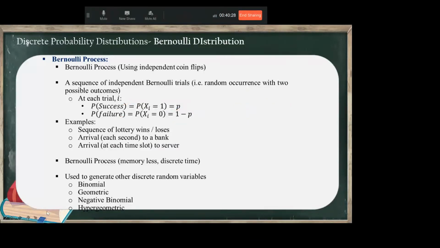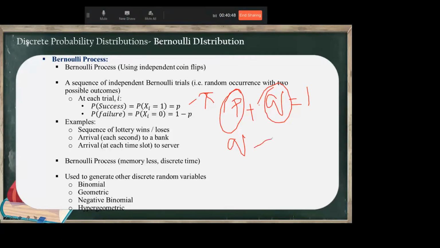Sometimes we also consider p and q. The sum of p plus q is 1. I'm just giving an example from a book; you can also call it pi. You can label it anyhow, but I consider it p and q because it's easy to understand. Q is 1 minus p, and p is 1 minus q.